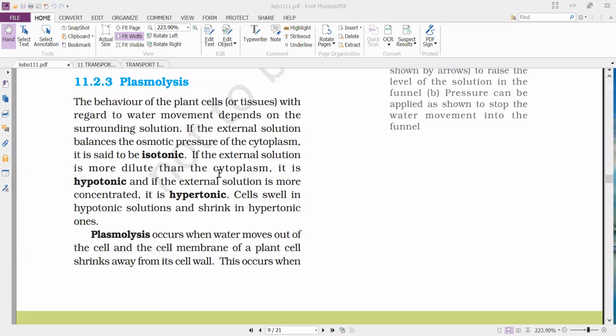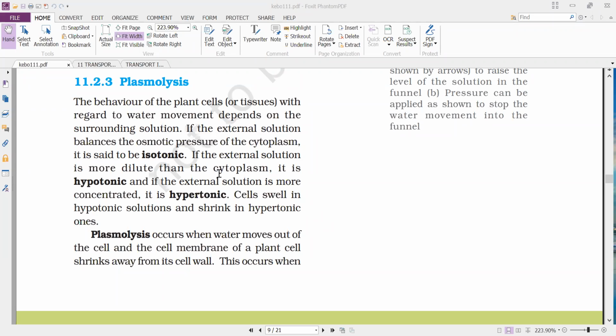Then what happens? Because of the difference in the potential, the water continuously enters into the cell. As a result, the cell will swell and finally burst, leading to the death of the cell when it is placed in a hypotonic solution.